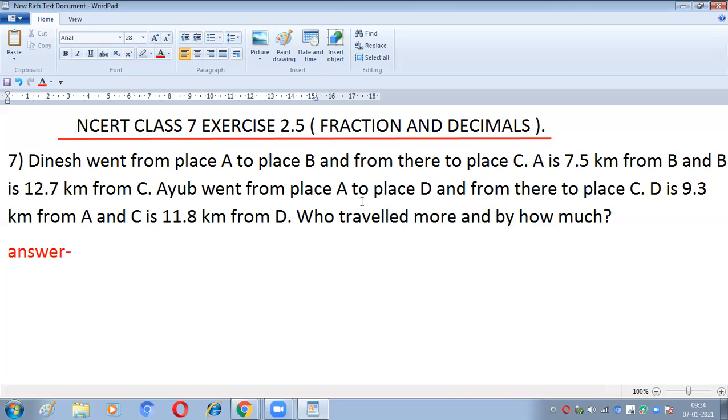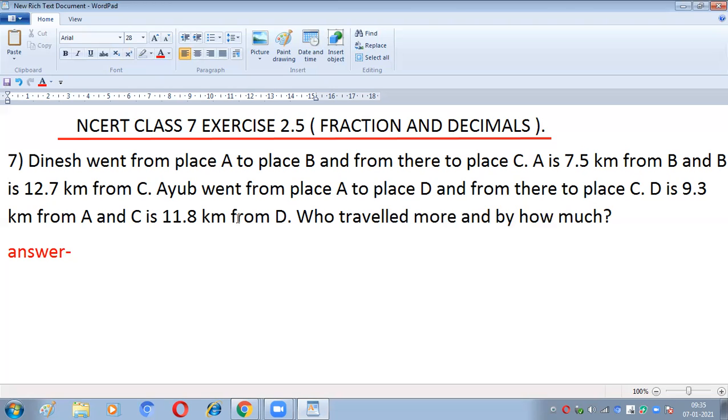Ayub went from place A to place D and from there to C. The distance between A and D is 9.3 km, and the distance from C to D is 11.8 km.